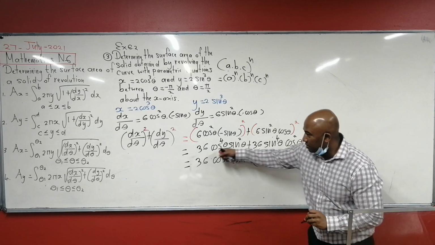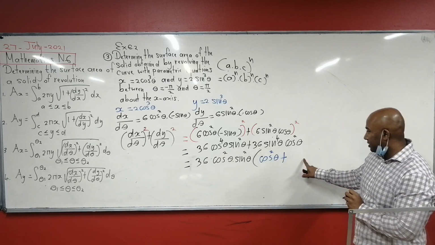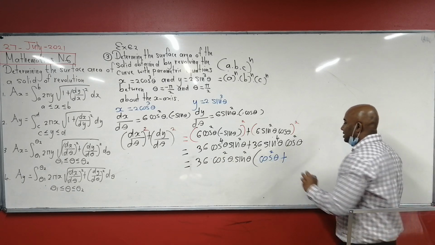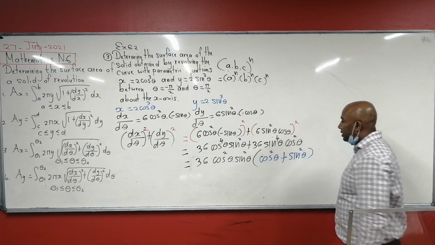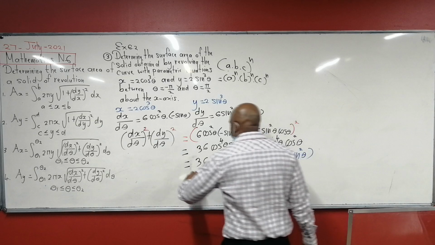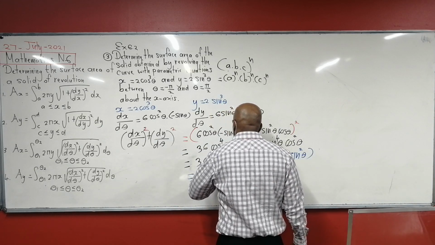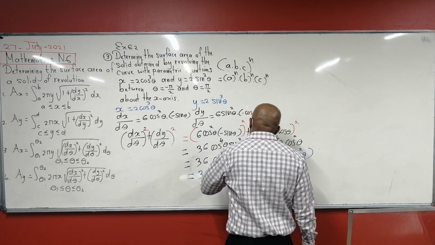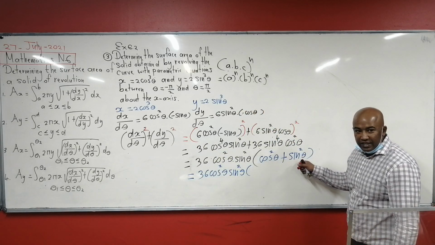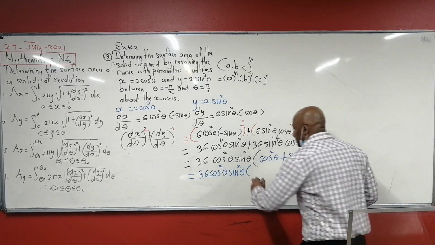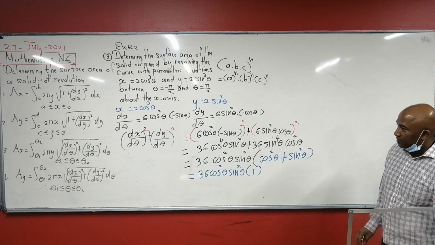Because cos squared times cos squared is cos to the power 4. Plus, what am I left with here? Sine squared. Now, this is equal to 36 cos squared theta sine squared theta. This is your square identity now. Cos squared plus sine squared is equal to 1. So that's as far as we can go.